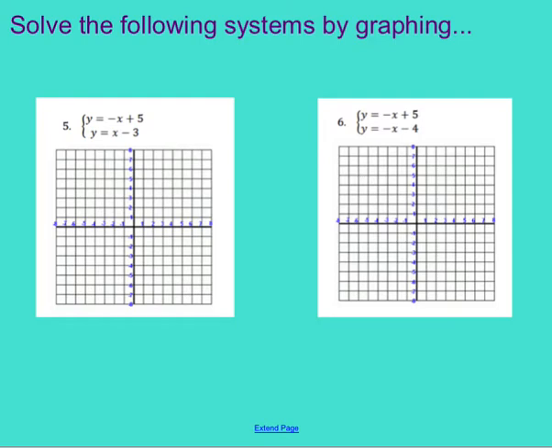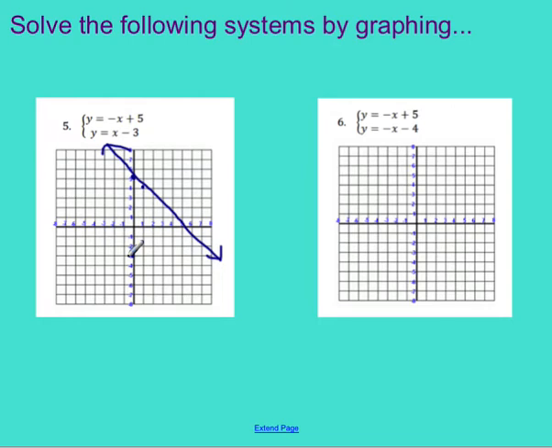Okay, so let's take a look at number 5. So for number 5, we're crossing the y-axis at 5. Then we're going down 1 over 1, and we're going to draw that line. Okay, then for the next one, we're crossing at -3. Remember, your y-intercept is always that number that's being added on.